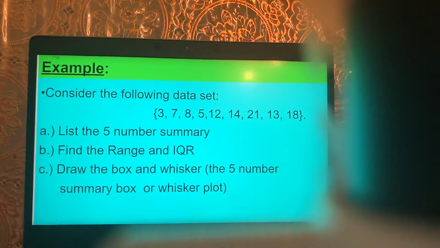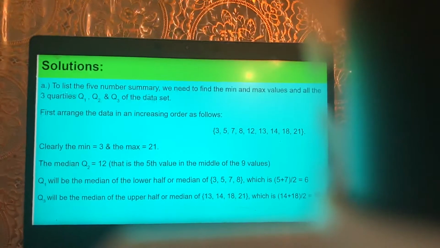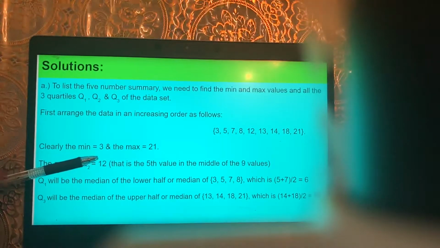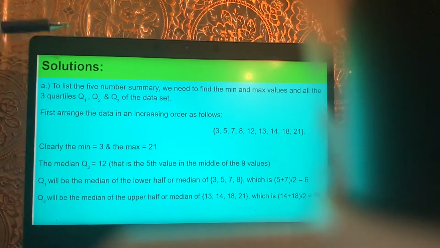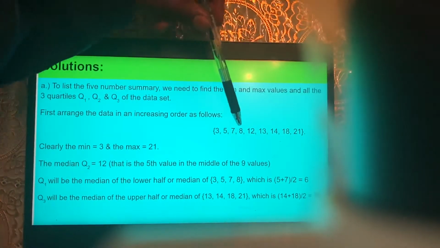Okay, so first you need to rearrange this in ascending order. To list the 5-number summary, we need to find the min, the max values, and all 3 quartiles. So we first arrange it. As you see, after you arrange it, the min is 3, the max is 21 clearly. The median is 12, that is the fifth value, in the middle of the 9 values.